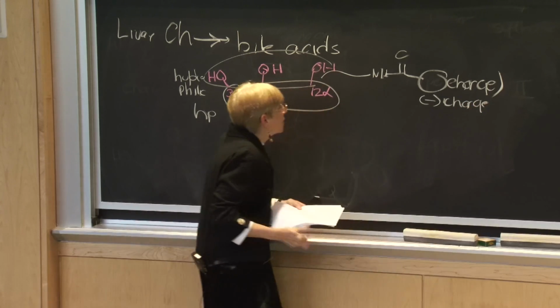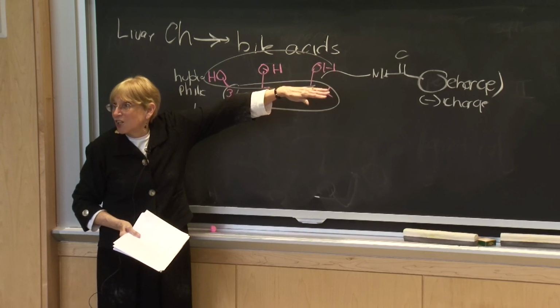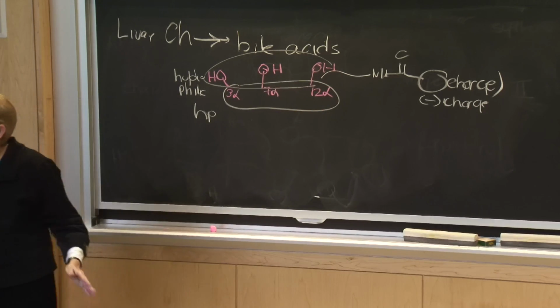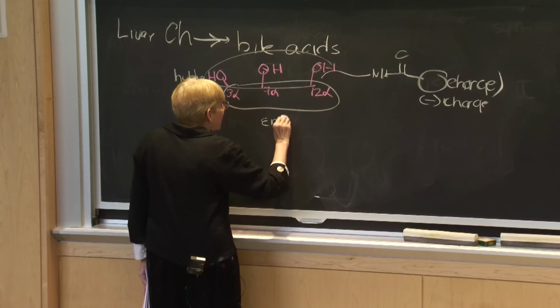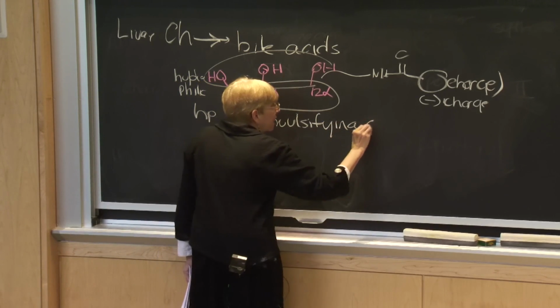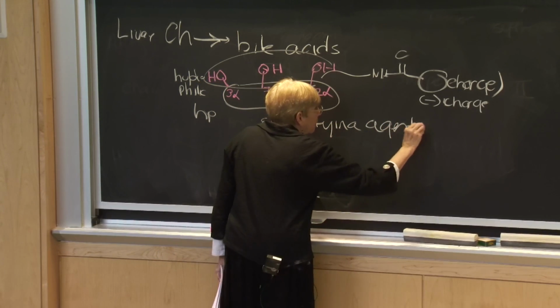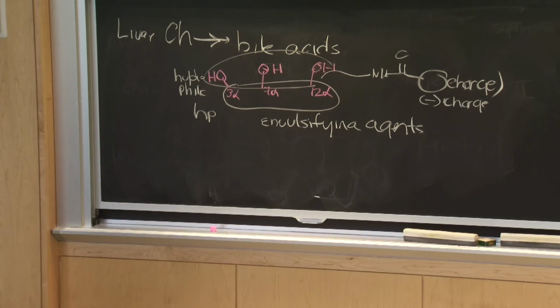And again, it's on the same face. So we have a bunch of hydroxyls, something charged, and they act as emulsifying agents, and that's all you really sort of need to know. So these become emulsifying, and they really play sort of a key role in also helping to take things back into the cell, and this is a really complicated process.